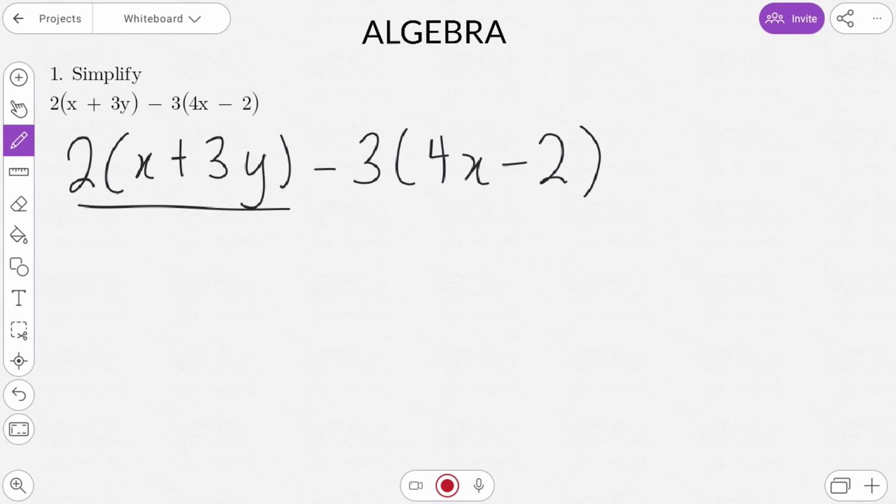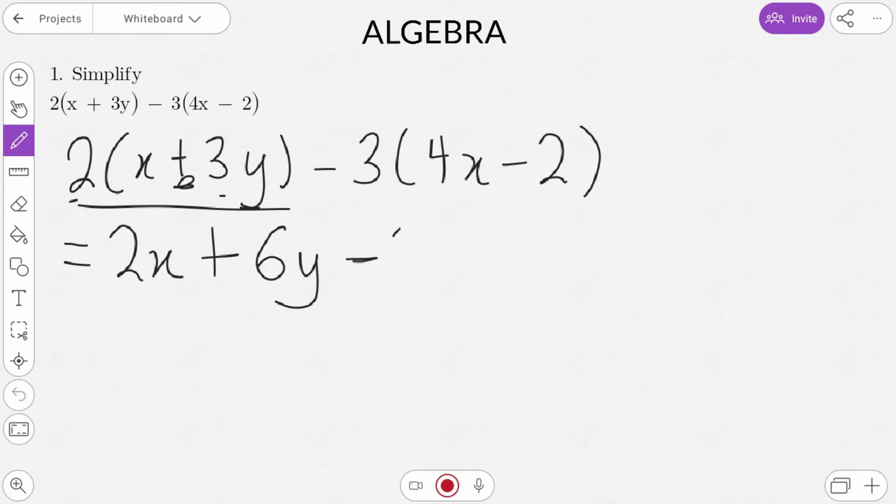So 2x plus 6y, and 2 times 3 is 6, with the variable y attached to the 3 makes it 6y, minus, and I'll put this in a bracket to avoid the negative affecting it.